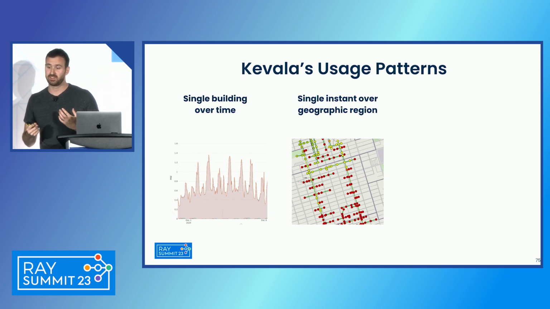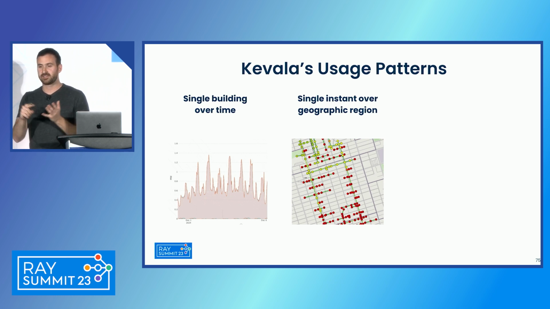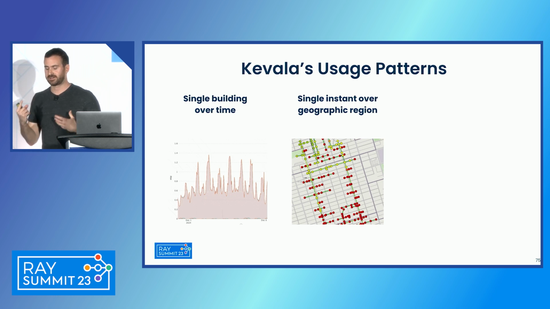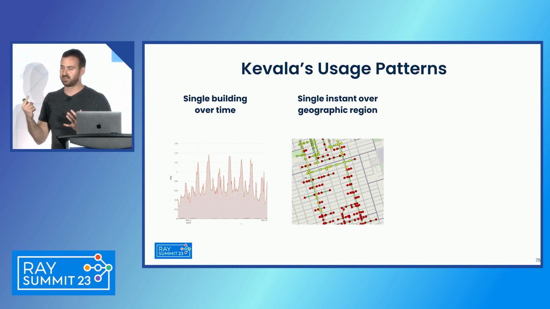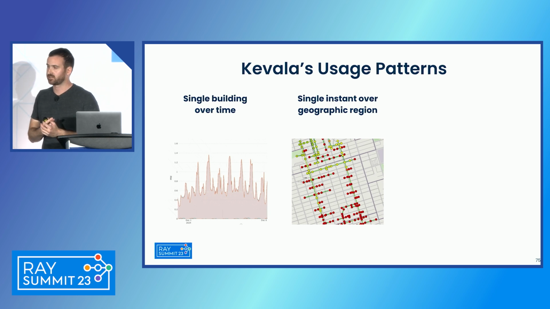This ends up being really important for things like power flow simulation, where you need to know the energy load on an entire circuit in order to solve electrical engineering equations and figure out what equipment might have been overloaded at that particular time.